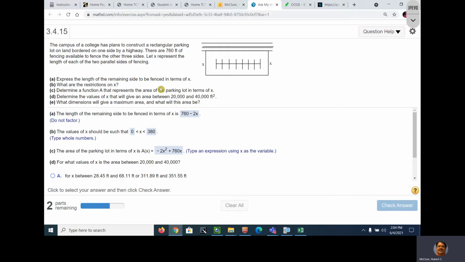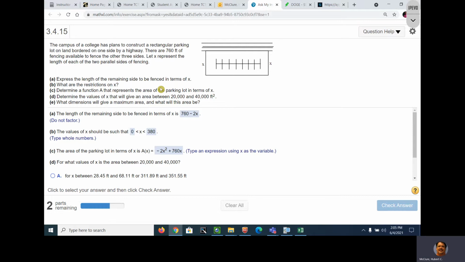Area equals, I can't spell, length times width, or base times height. I don't care which one you use. We know that one side is x, and then the other side is 760 minus 2x. And you just use your algebra here.